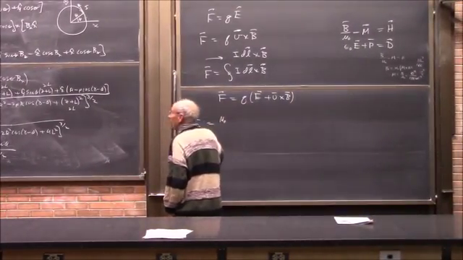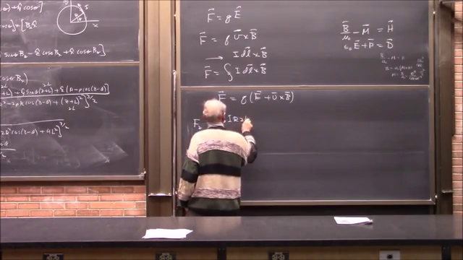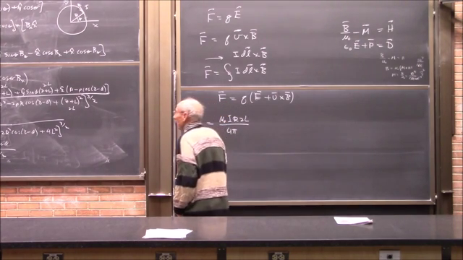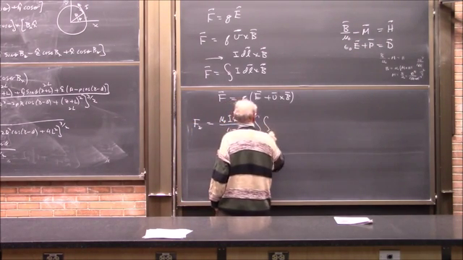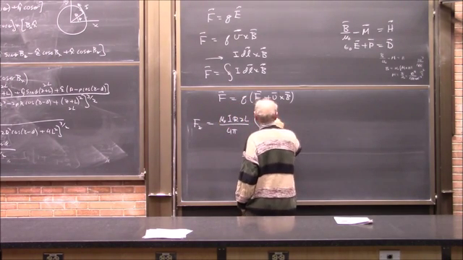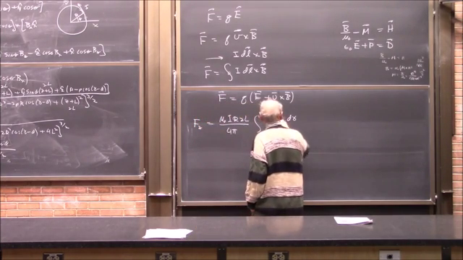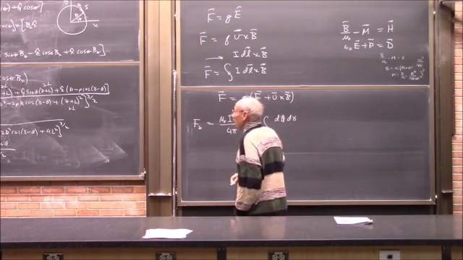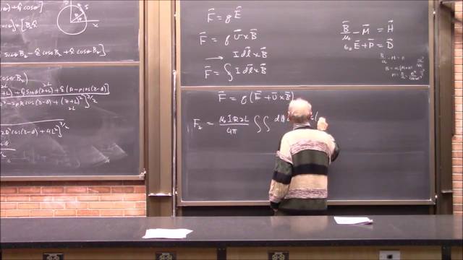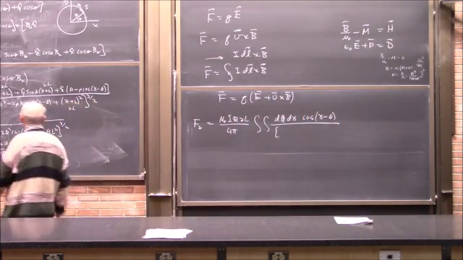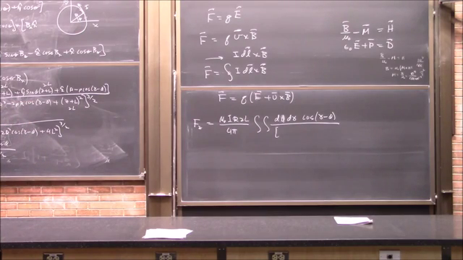mu 0 I r 2L divided by 4 pi integral, double integral, d theta d phi d gamma of cosine gamma minus phi divided by, let's factor out a 2r squared out of this thing.